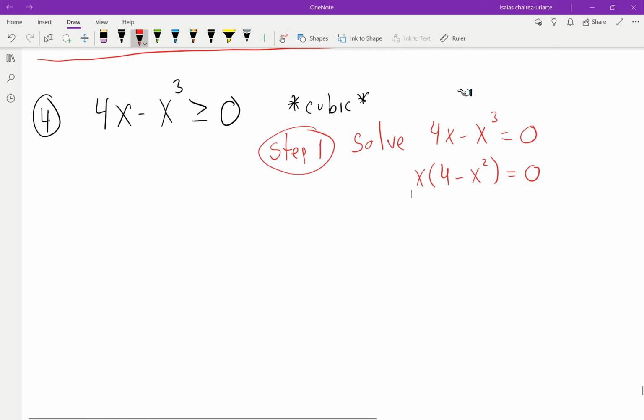The thing inside my parentheses is just a difference of squares. It's a perfect square minus a perfect square, so it should factor. And don't forget that we have this x out here. This x, we cannot lose it. So then I have x times 2 plus x times 2 minus x.